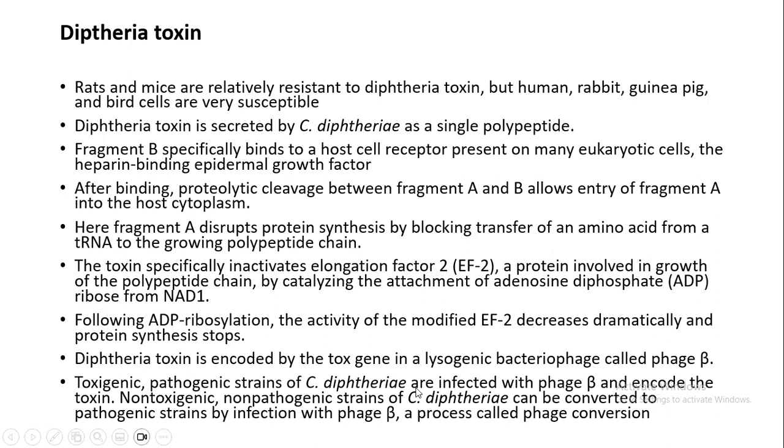These are basically bacteria which would otherwise be non-toxic and not produce any toxin, but the toxin producing ability is because of the tox gene that is present in pathogenic strains of Corynebacterium diphtheriae, which are converted because of integration of the beta phage into the genome.